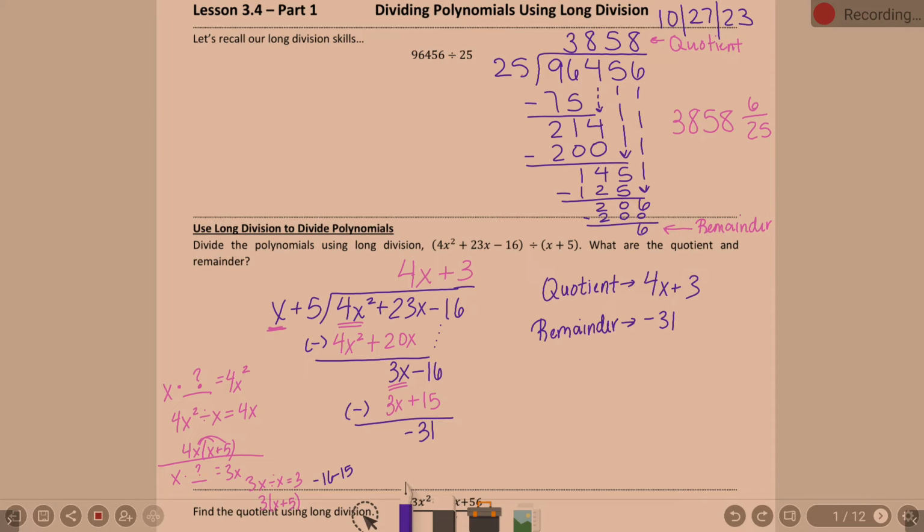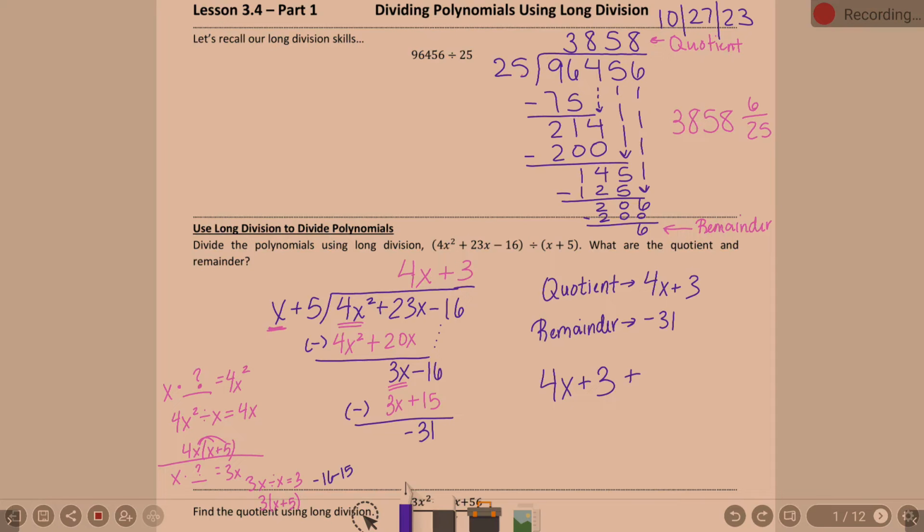Now, if they want you to write this as an answer, this whole answer is 4x plus 3. And then how do we express the remainder within the answer? It's going to be the negative 31 over x plus 5. Now, here's the deal. You have to either add or subtract the term.